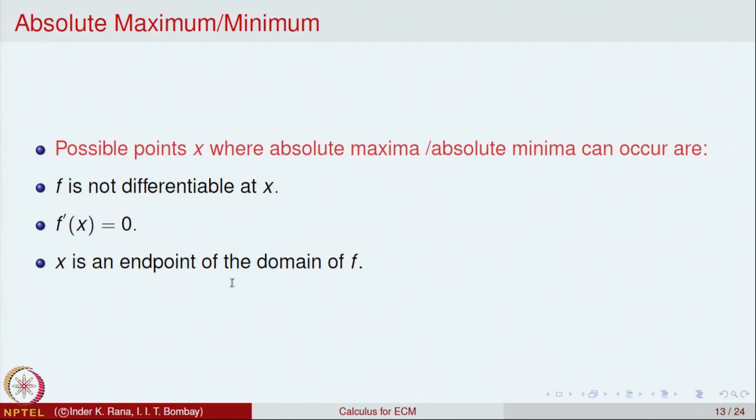Or the end points in the domain of the function, which could be some interval, and the end points of those intervals are the possible points. So, these are the three sets of points which we looked at for local maxima and minima also. Those are the same set of points where the function can possibly have an absolute maximum or minimum, the reason being that an absolute maximum is also a local maximum.